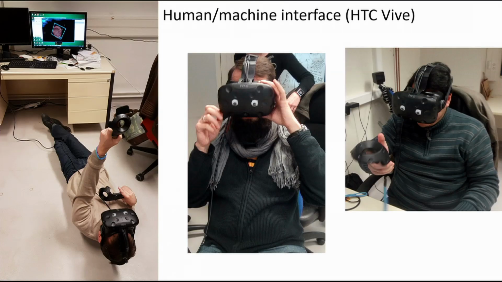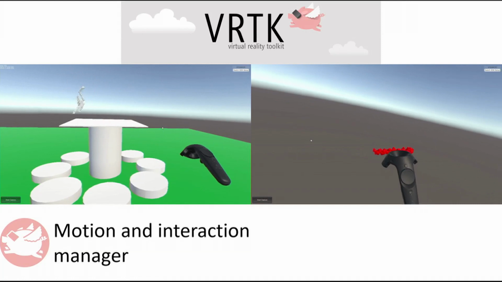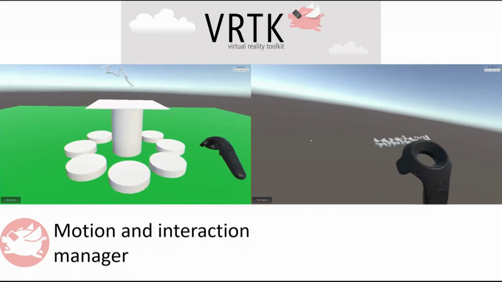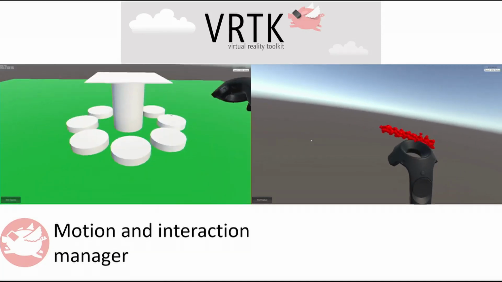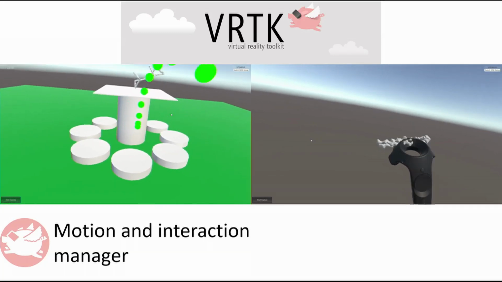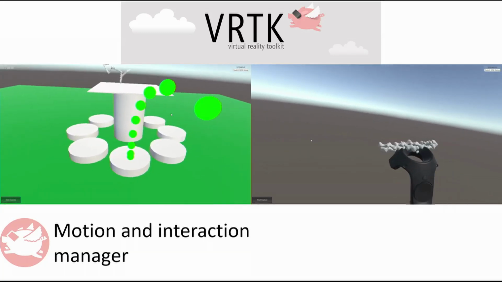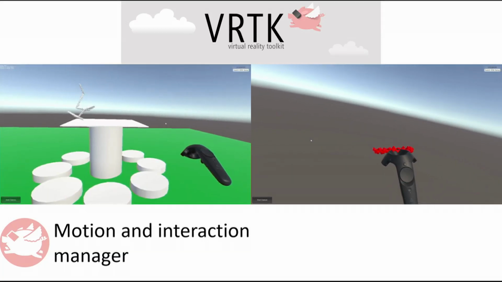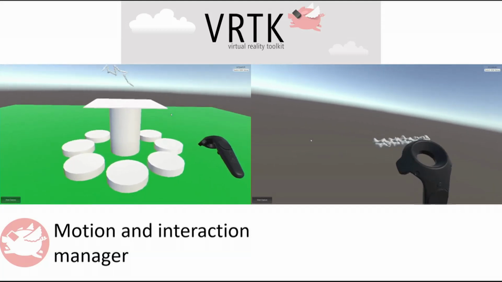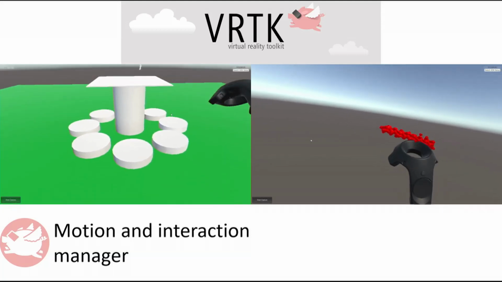For example, we attached a virtual reality headset and controllers to our simulation. The goal here is to make our simulation more immersive and interactive. For this, we use the virtual reality toolkit, mainly for two options. The first one, in the picture on the left, allows the user to be immersed and move inside the simulation.